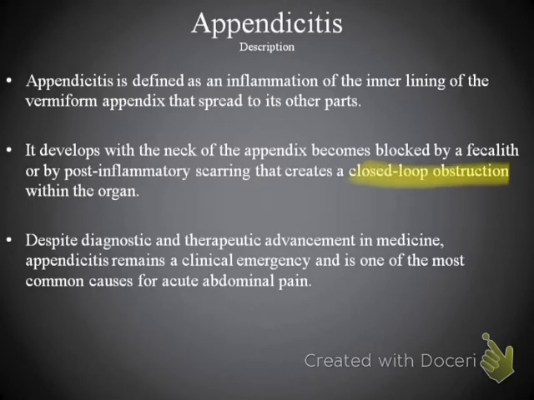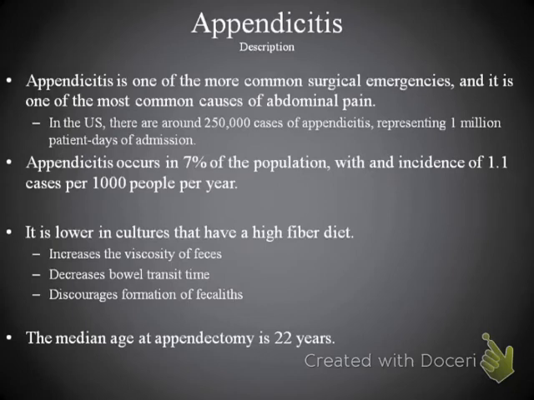And so that's important to keep in mind, that appendicitis actually begins with a closed loop obstruction and then progresses from there. Despite diagnostic and therapeutic advancement in medicine, appendicitis remains a clinical emergency and is one of the most common causes for acute abdominal pain. Appendicitis is one of the more common surgical emergencies.